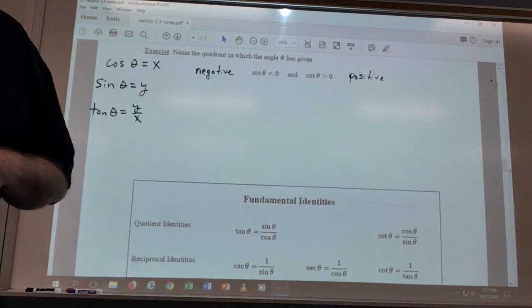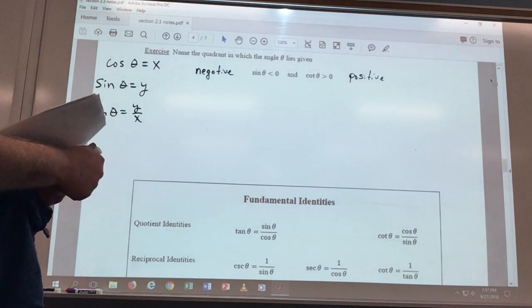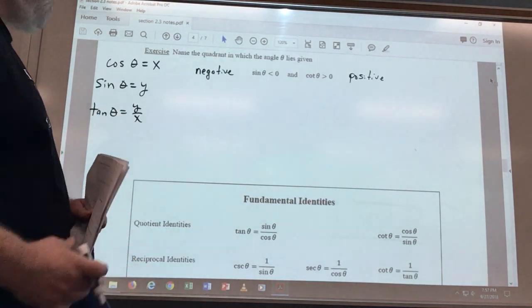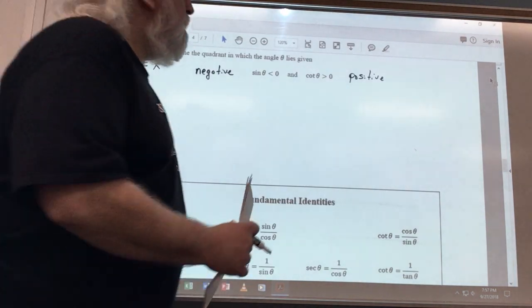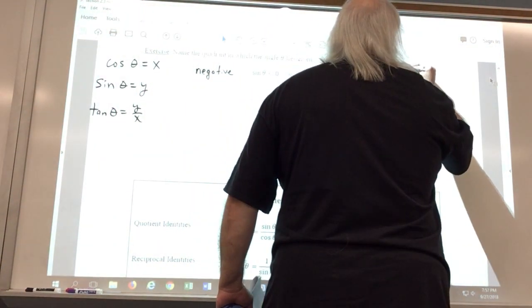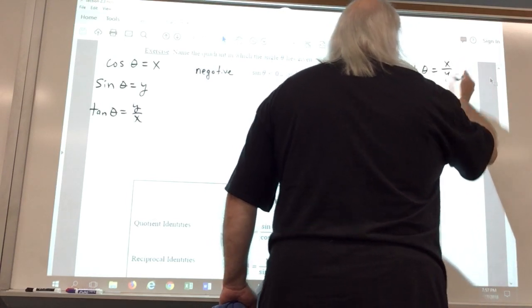So given those two pieces of information, what quadrant does the angle theta lie in? Quadrant 1, quadrant 2, quadrant 3, or quadrant 4? Well, from the definition of the six trig functions of theta, you know that the cotangent of the angle theta is equal to x over y.